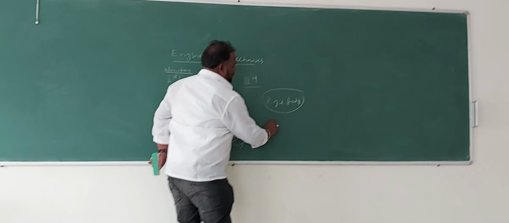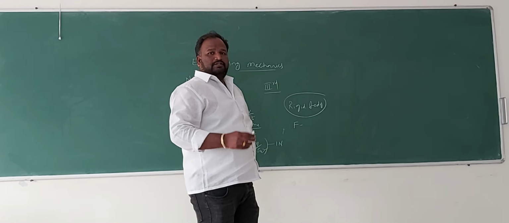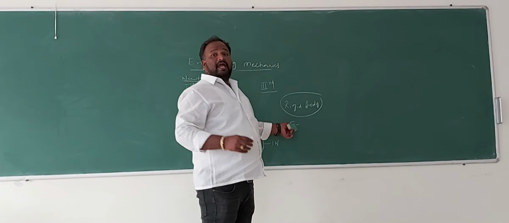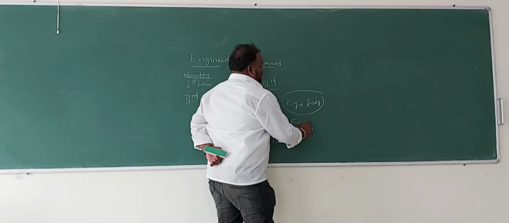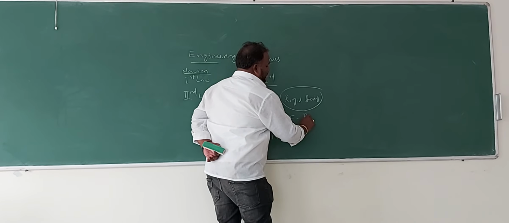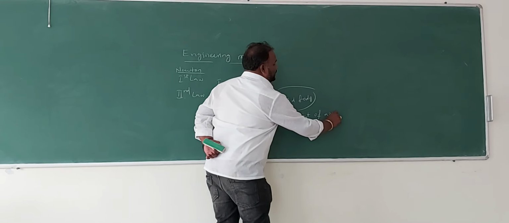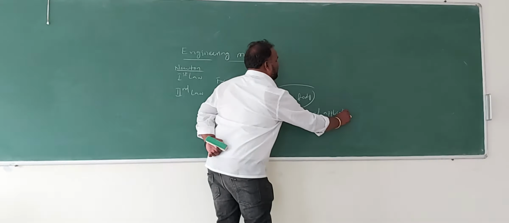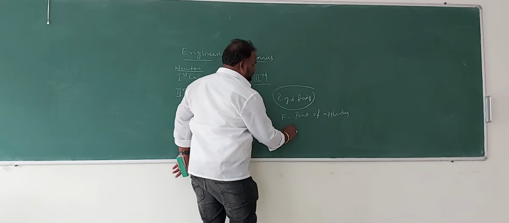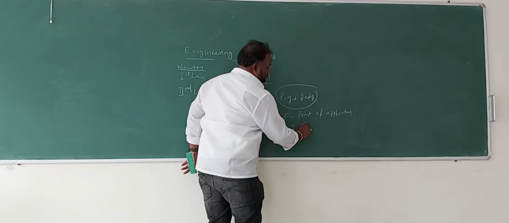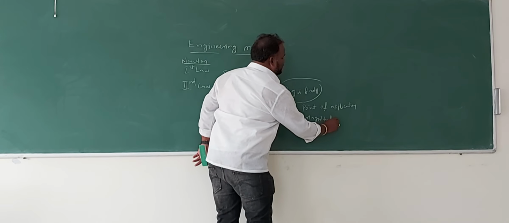So what is force? We already discussed: force is the rate of change of momentum. This force also has some characteristics. What are the characteristics? The point of application. The second characteristic of the force is magnitude. What is meant by magnitude?